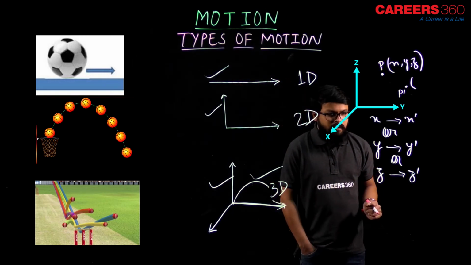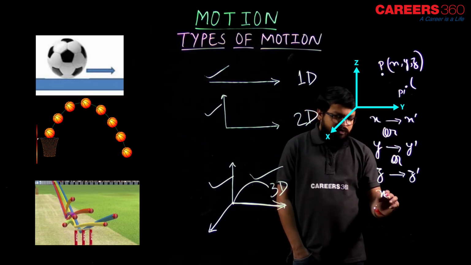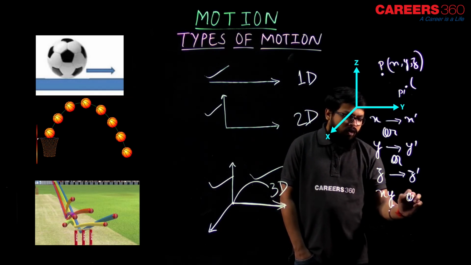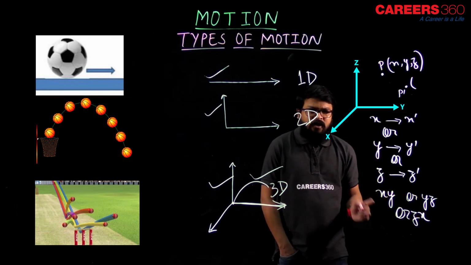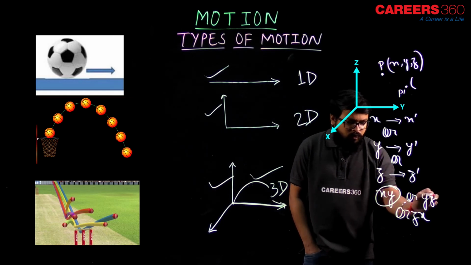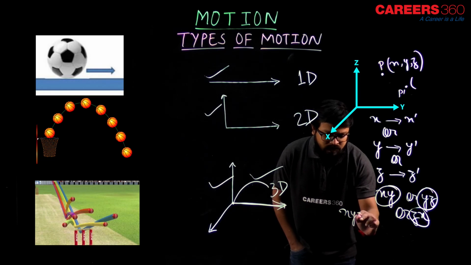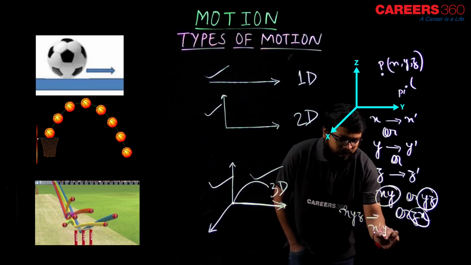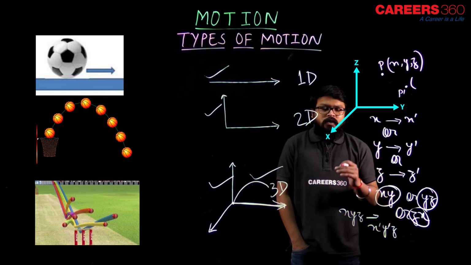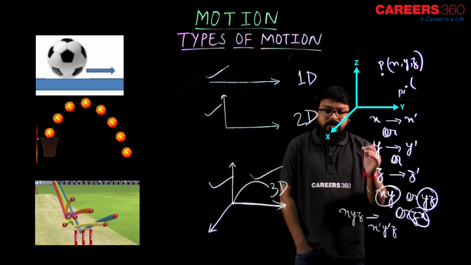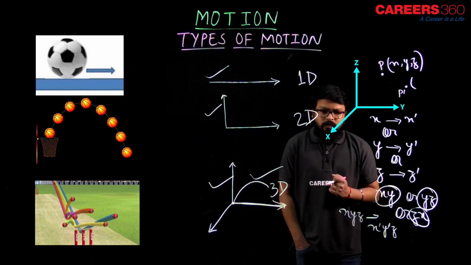Here is the example, as you can see. And in case of 2D, only two out of three change, that is either xy or yz or zx. If both change, that is x, y, z to x dash, y dash, z, or x, y dash, z dash, or x dash, y, z dash, then we can say that the body is in two-dimensional motion.